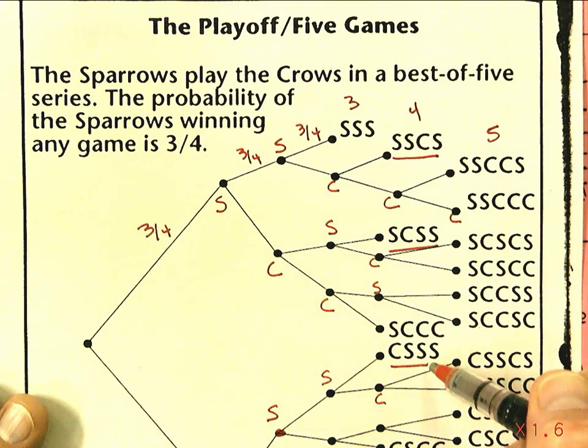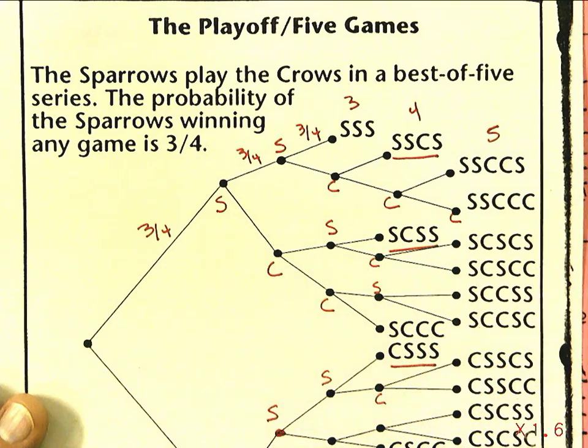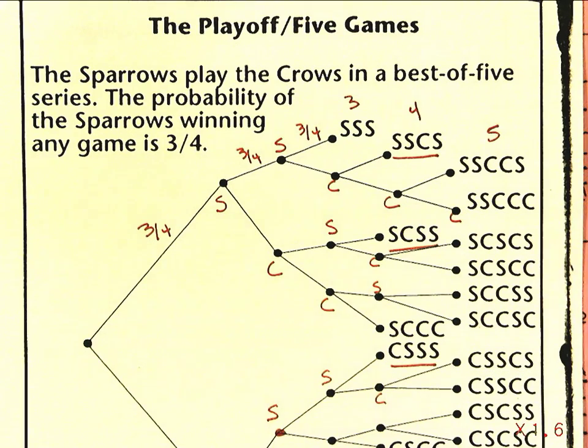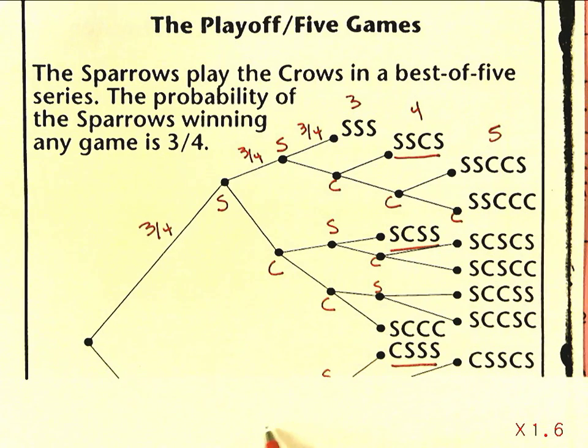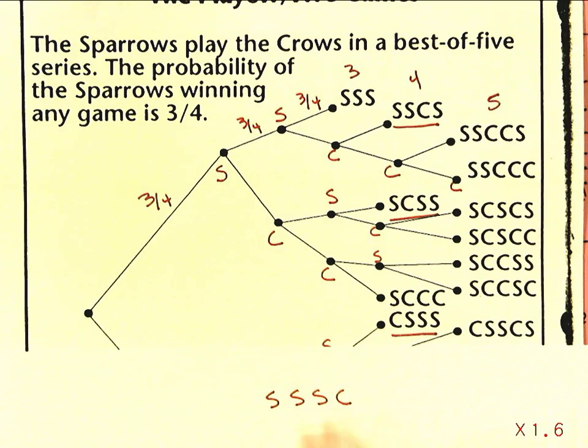Those 3 situations where they would win it in 4 games are all going to have the same probability, because in each case you have the Sparrows winning 3 and the Crows winning 1, and you could just rearrange that however you want.